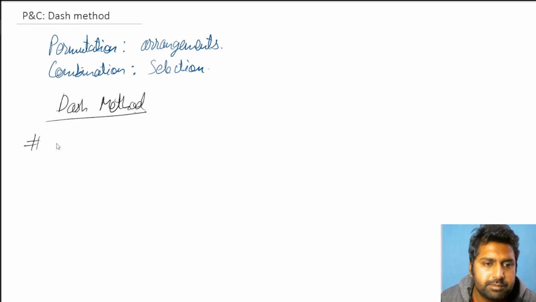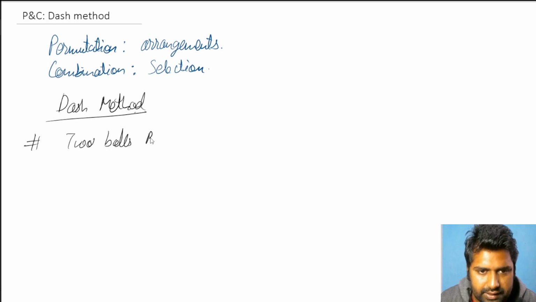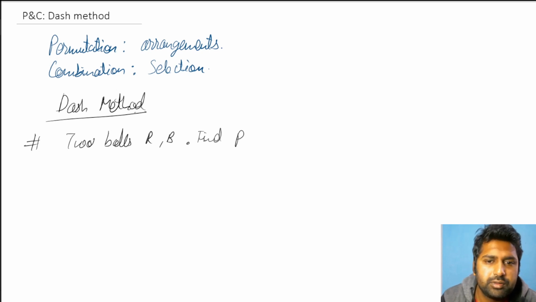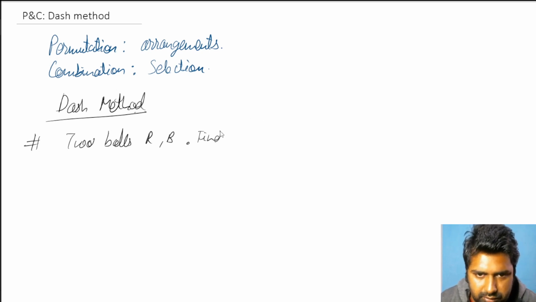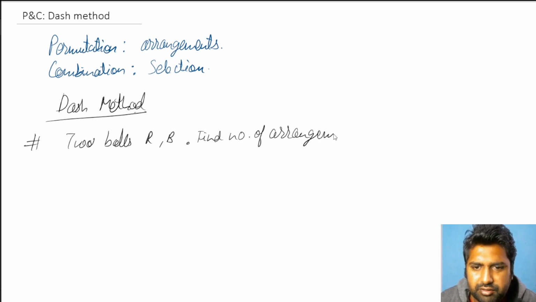All right, first of all, the dash method. I'll give you one simple example. Suppose you have two balls, red and black. Find the number of arrangements. All the questions will be based on this: how many ways you can arrange things.